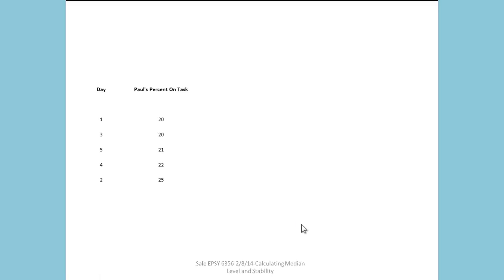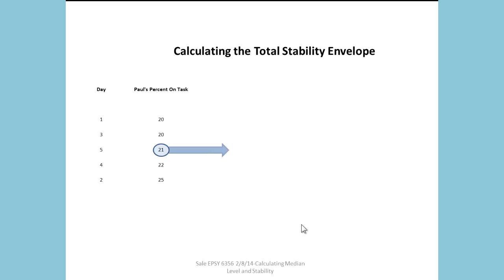We're going to calculate the total stability envelope off of Paul's percent on-task behavior, and I left it ordered from lowest to highest. The steps are, of course, establishing the median, taking the median and multiplying it by the standard envelope of 0.20.